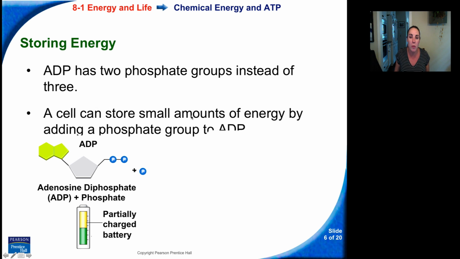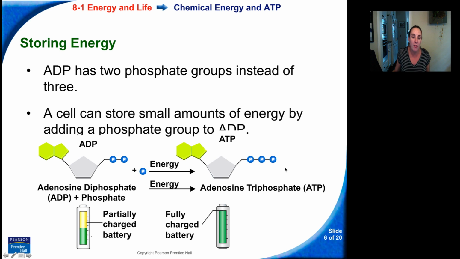A cell can store small amounts of energy by adding a phosphate group to ADP. So we can think of ADP as a partially charged battery. If we add a phosphate, that fully charges the battery. Now we've got a fully charged battery, and that battery is going to store that energy until it's needed. So ADP is a partially charged battery, ATP is a fully charged battery.